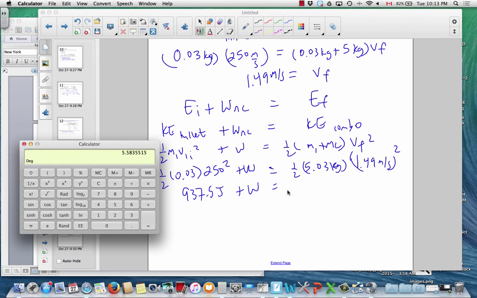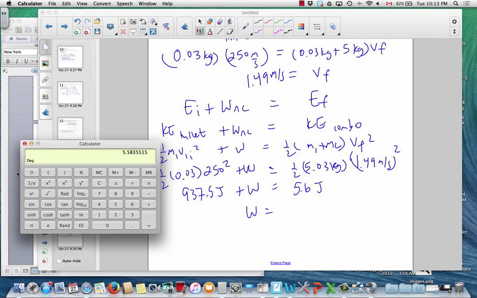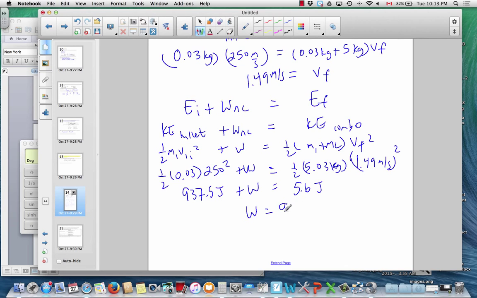So there's now only 5.6 joules, 5.58 or 5.6 joules, of kinetic energy left. So we lost virtually all of our kinetic energy. Most of it got transformed into heat. So we lost 932 joules of it, and the fact that it's a loss is just reflected in that minus sign.